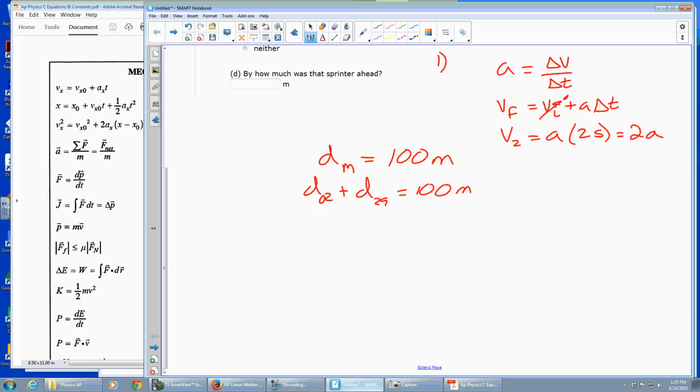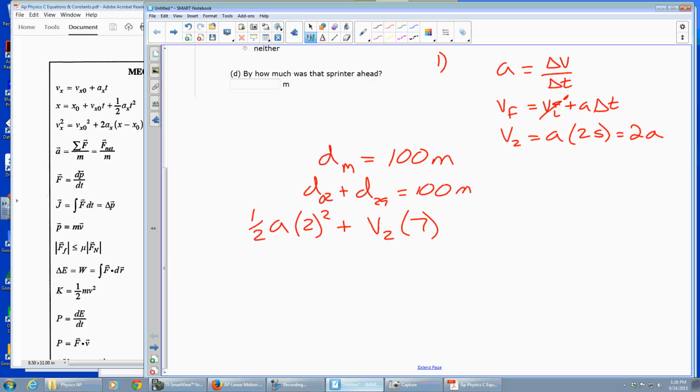The second part is 1/2 whatever her acceleration is, times 2 squared, plus how far she moves in the second part. We don't have to worry about x naught because we're adding the distances. Her v initial, which we'll call v2, times t, which is 7, plus her acceleration, which there isn't any, right?